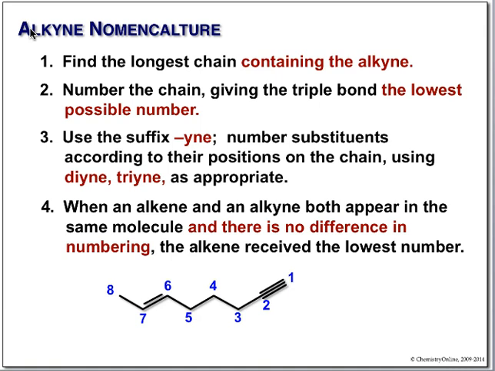Trans is E. So, at carbon 6, we have an E alkene, E stereochemistry. At carbon 1, we have our alkyne. So, we're going to call this an E-6-octene, again leaving out our last E. And in carbon 1, we have the alkyne.